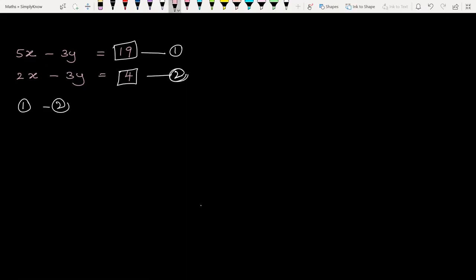So the first equation's left side is 5x minus 3y. Then deduct. We need to put the brackets. Within the brackets, we need to write the left side of the second equation. 2x minus 3y equals 19 minus 4.